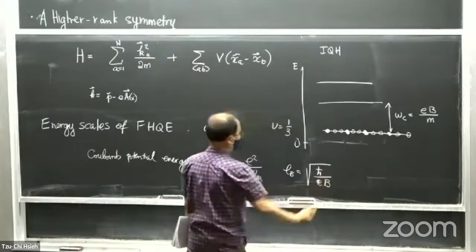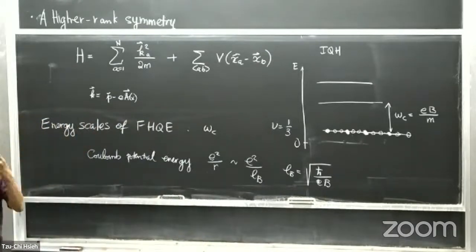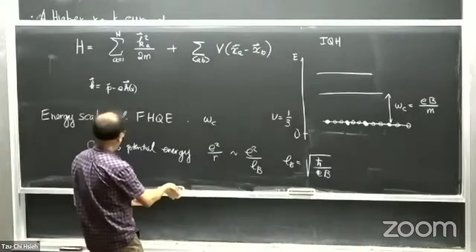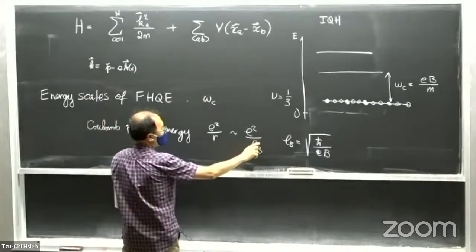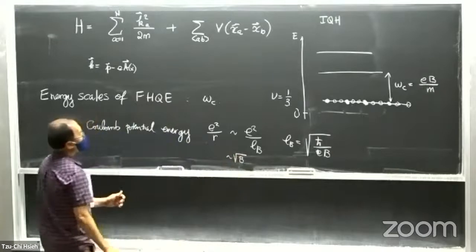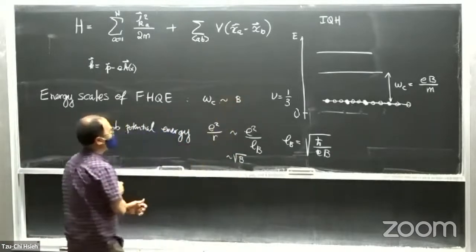It's because the density of electrons corresponds to one electron per roughly l_B squared area. And so you can see here that this Coulomb interaction energy behaves as the square root of B, and this one goes like B when we change B.